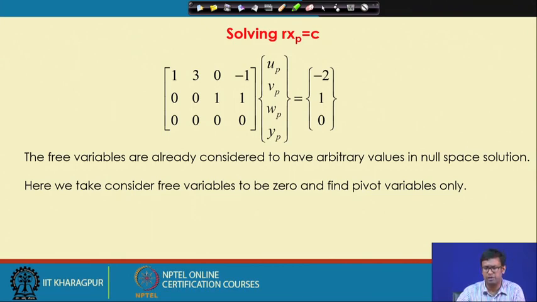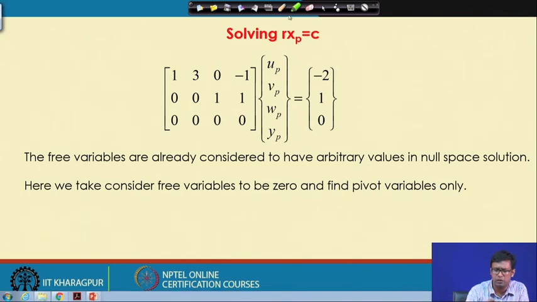However, we consider free variables to be 0 and find the pivot variables only, because this is a particular solution. We only need to see whether this solution satisfies the equation Rxp is equal to c or Axp is equal to b, and with any assumption, if I can get a solution which satisfies it, we are done. We will add it with the null space and say that these are the final set of infinite solutions.